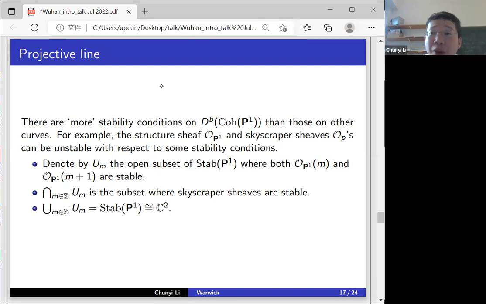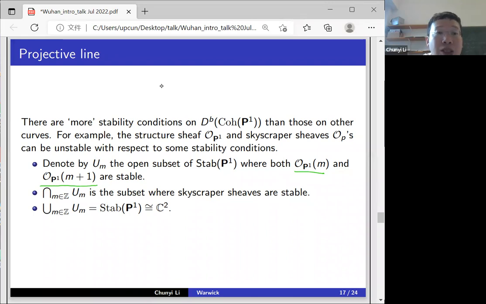Compared to other curves, it has more specific conditions because, for example, the structure sheaf and the skyscraper sheaf can be non-stable, but people can still describe it in some way, since by the theorem, for any stability condition, we must have some m such that both O(m) and O(m+1) are stable.